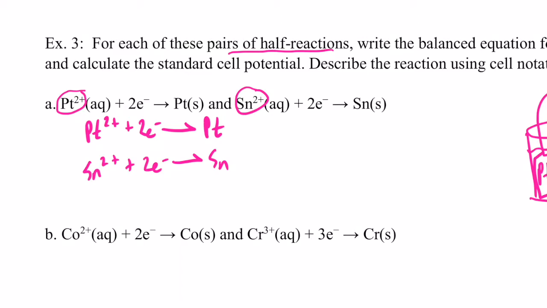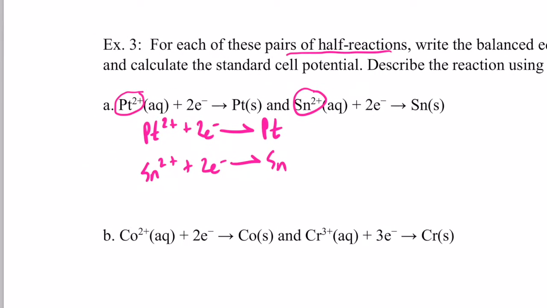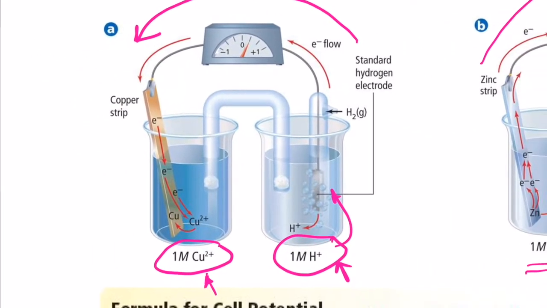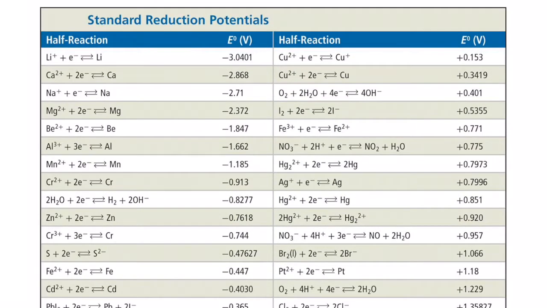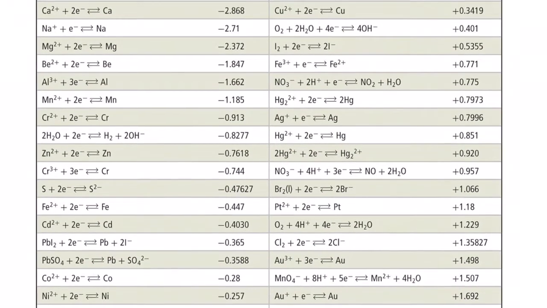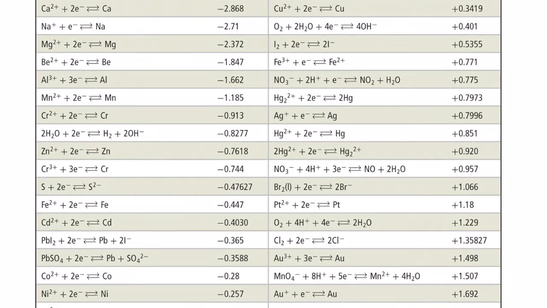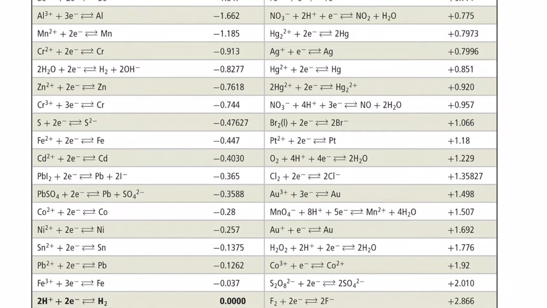So let's look these 2 up on our reduction potential chart. So we have platinum 2+ becoming platinum and tin 2+ becoming tin. So we have to scooch back a couple of pages here, kiddos. So let's see if we can find those 2. And once again, these are not alphabetized. They're listed in order of reduction potentials. So looks like I found my tin first. Here's the tin 2+ plus 2 electrons.